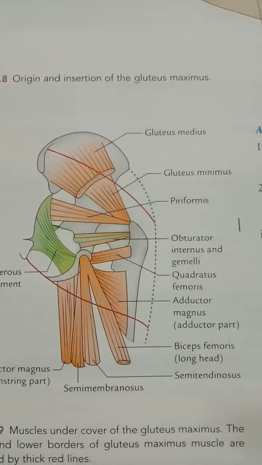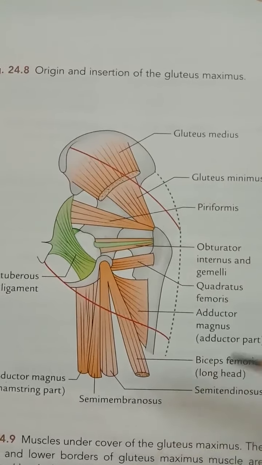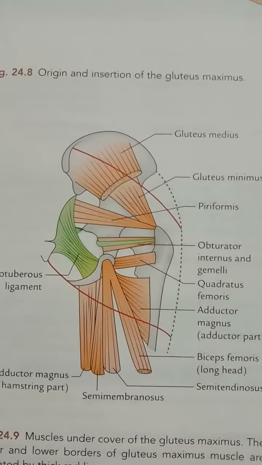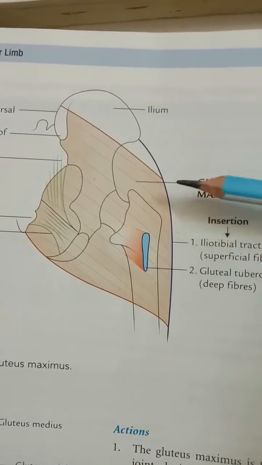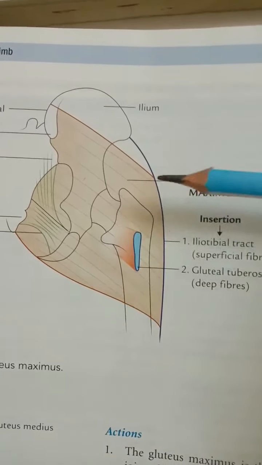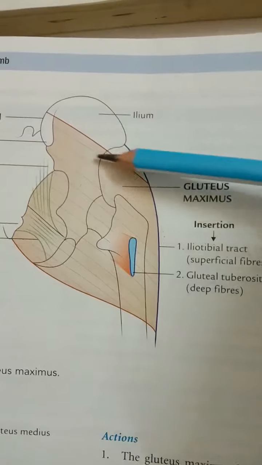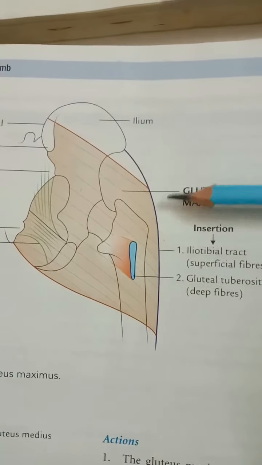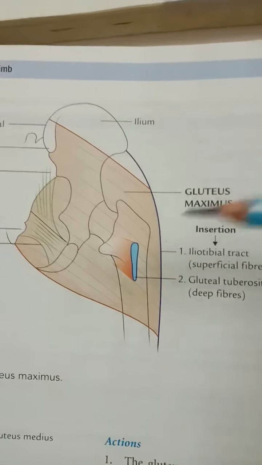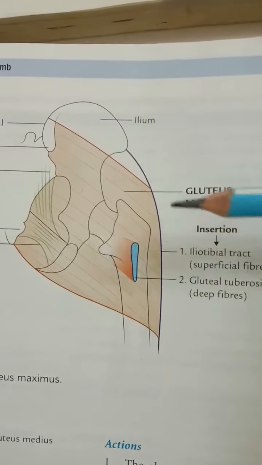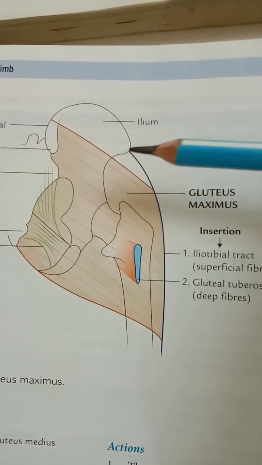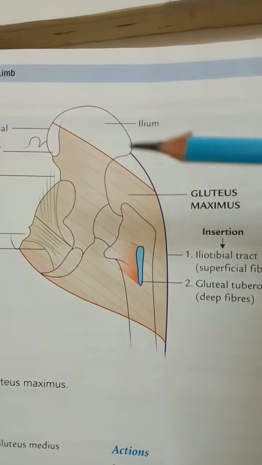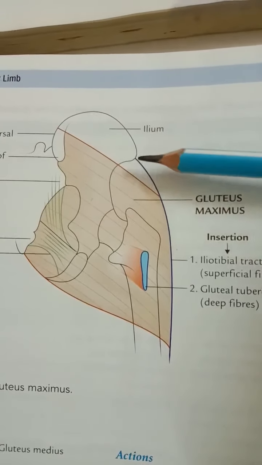Then the last muscle is the tensor fascia lata. It is present between the gluteal region and the front of the thigh. The origin of the tensor fascia lata is the anterior 5 cm of the outer lip of the iliac crest.